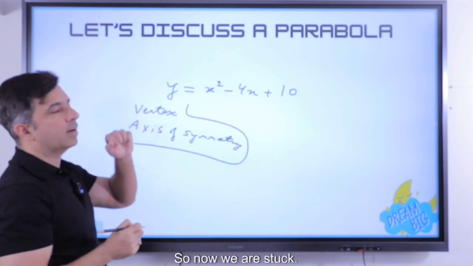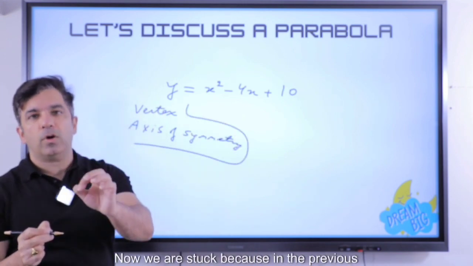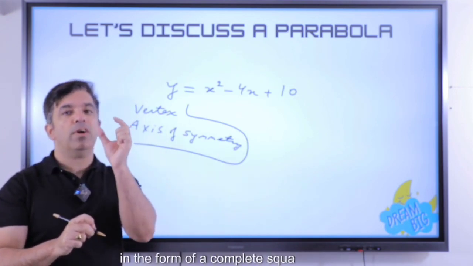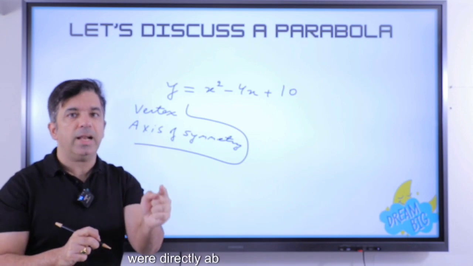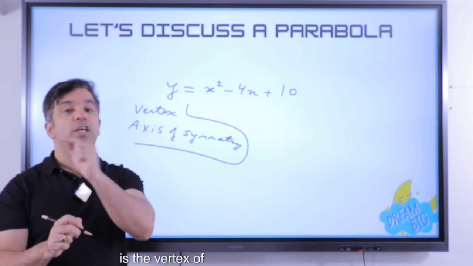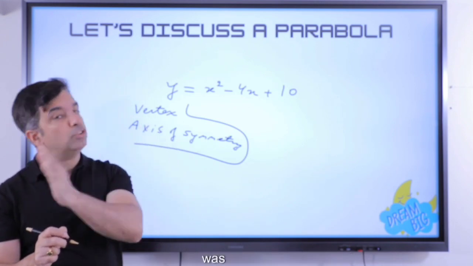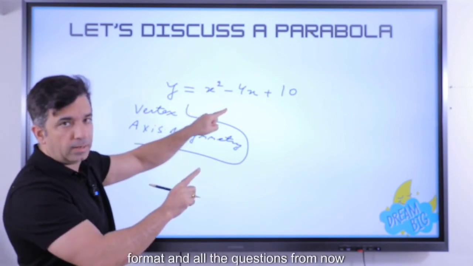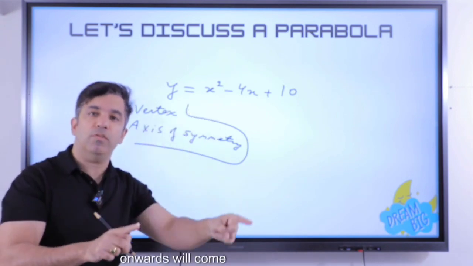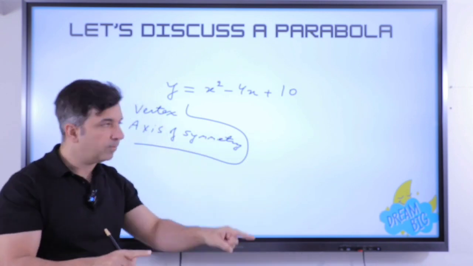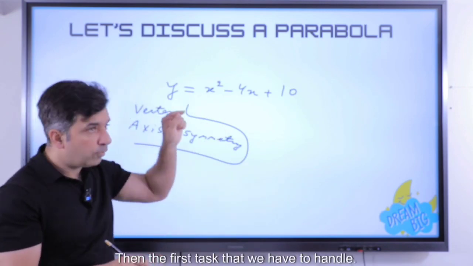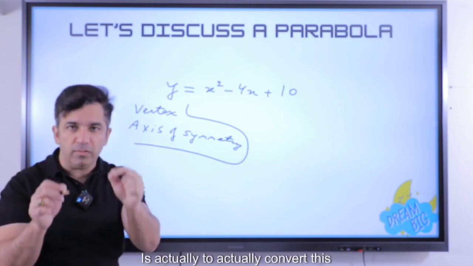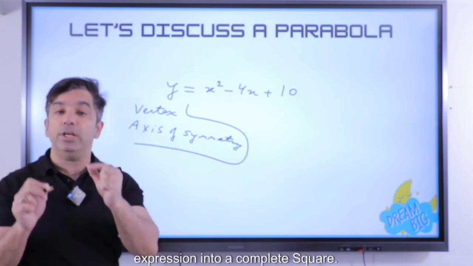So now we are stuck. We are stuck because in the previous example, it was written in the form of a complete square, and we were directly able to interpret the vertex of this parabola. So that part was simple. If the question comes in this format, and all the questions from now onwards will come exactly in this format, then the first task is to convert this expression into a complete square.